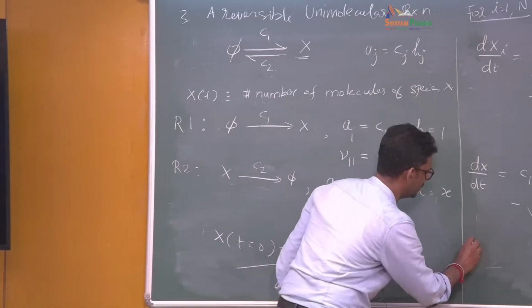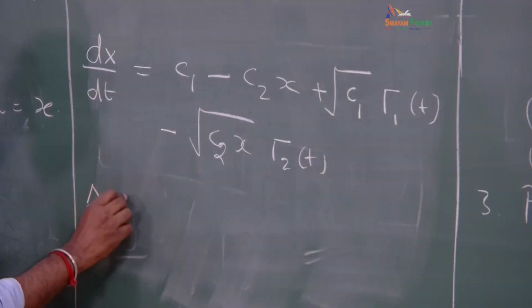So now writing this in discretized form, we write delta x.